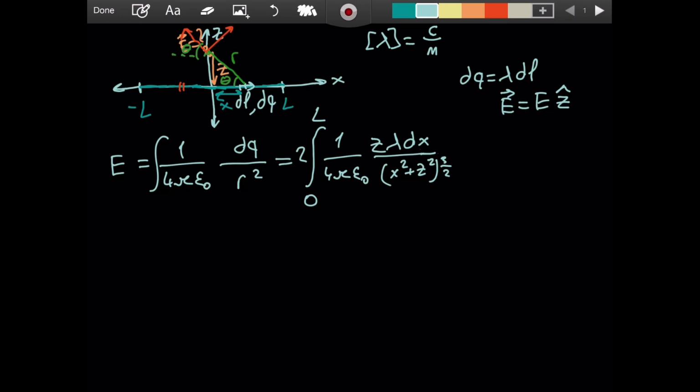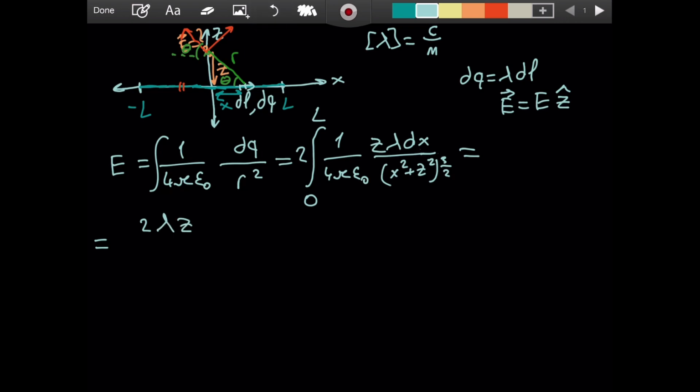So now, the only thing that is left is figuring out this integral. But you might be wondering, how do we exactly do that? For that, let's first of all take the constants out of the integral sign. So when we do that, we will have 2 lambda z.